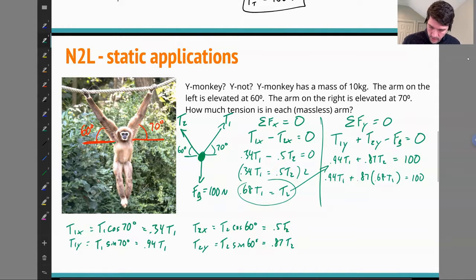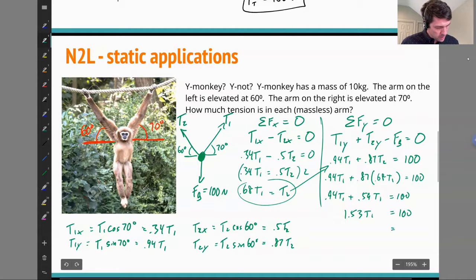So 0.68 times 0.87 gives me 0.59 T1 plus 0.94 T1 equals 100. So that's 1.53 T1 equals 100. T1 equals 65.3 newtons.